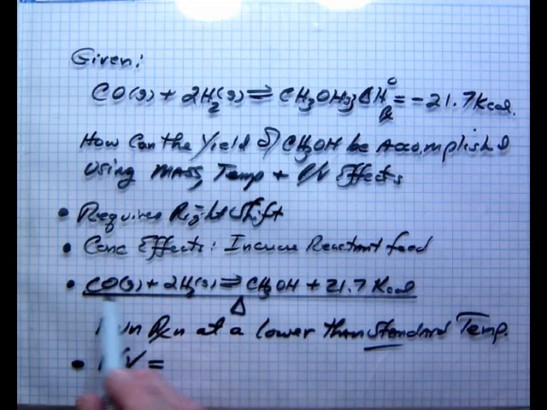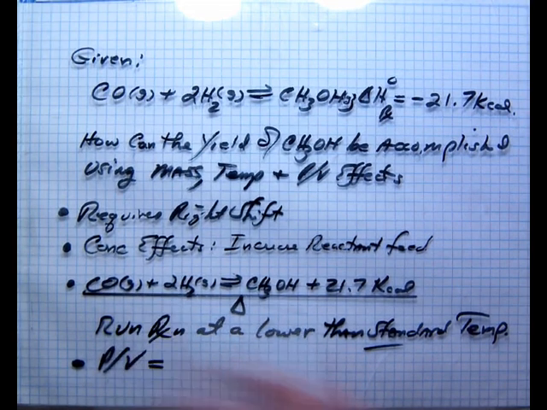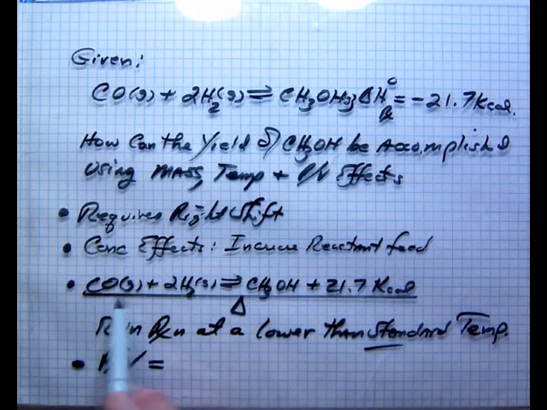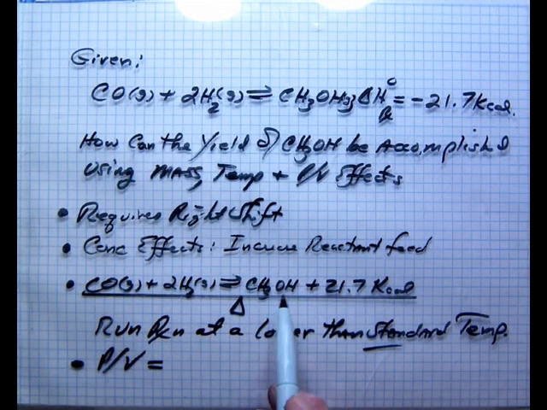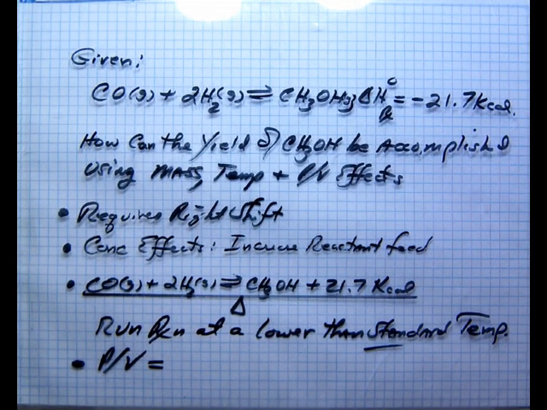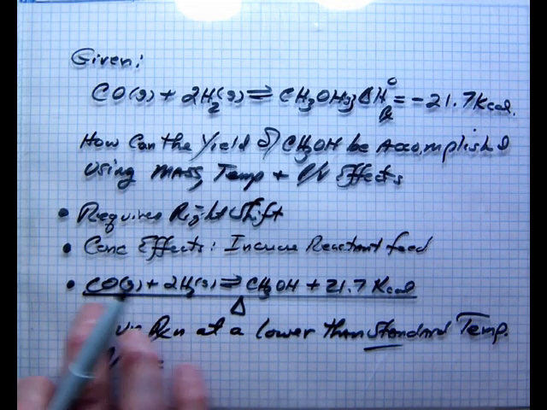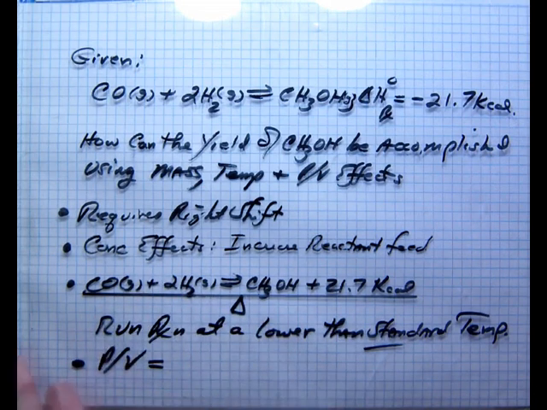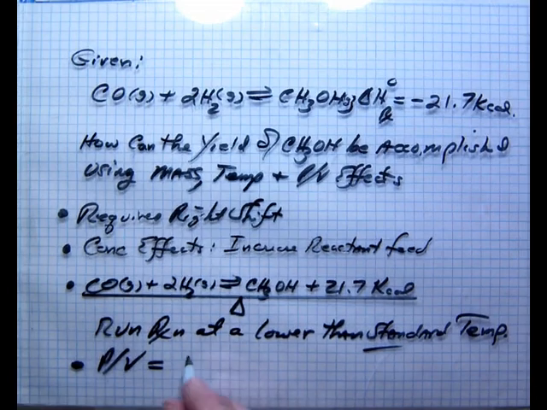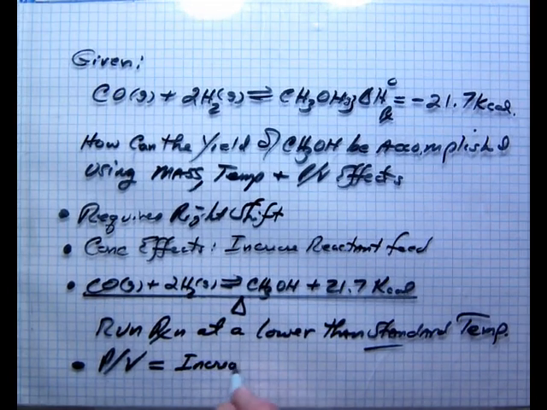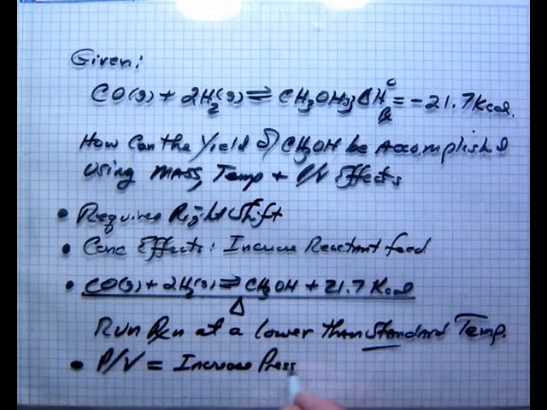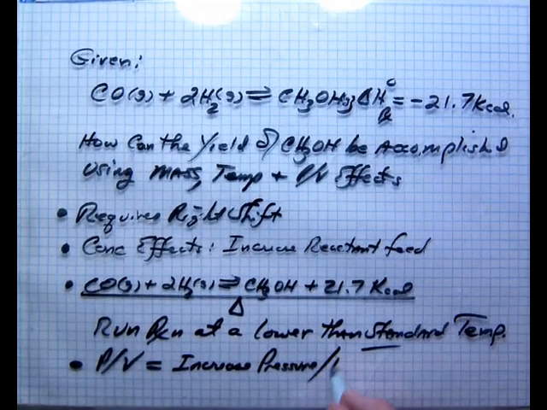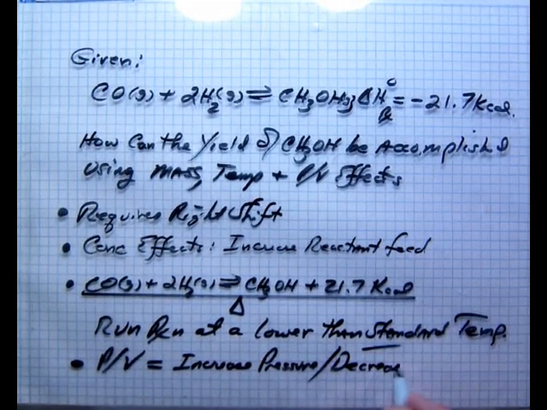Here is 2 molar volume, 3 molar volumes, and 1 molar volume. So if we wanted to shift to the right, 1, 2, 3 here. We need to shift to the right. So we need to, what? Increase pressure. Decrease volume.